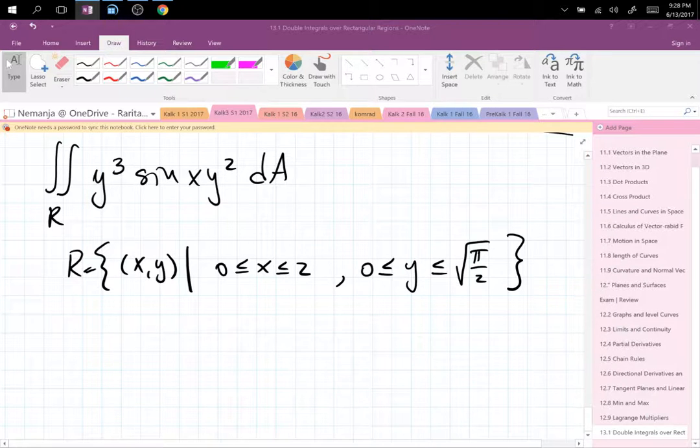So which order are we using here? Can we do the y dx? No, maybe. Why not? It's only gonna be, yeah, 3 integration by parts, nothing to worry about.